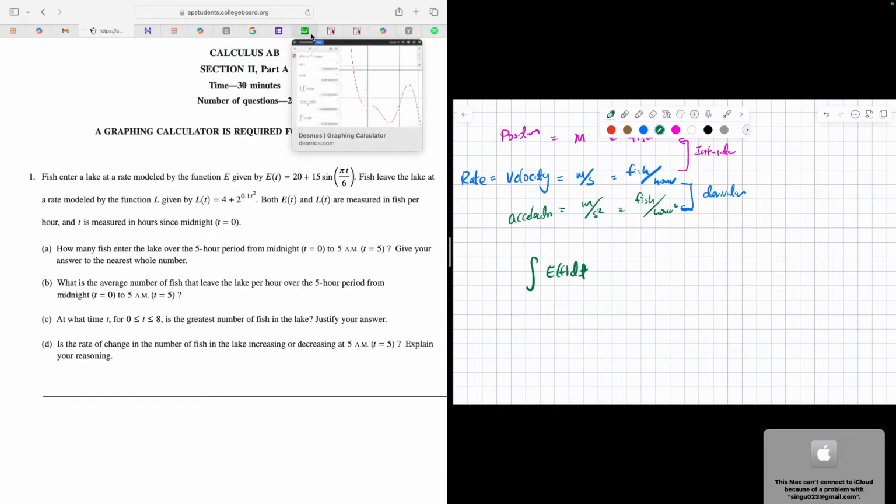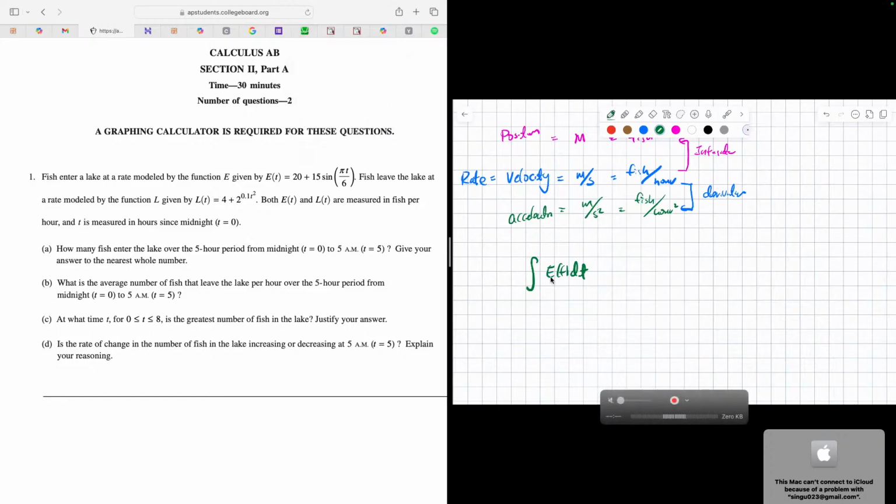Did we talk about that mistake? Okay, so why do I integrate this? This is the rate equation, right? And integration of this between 0 to 5 is the amount of fish entering the lake. Is that okay? Do you guys understand that?